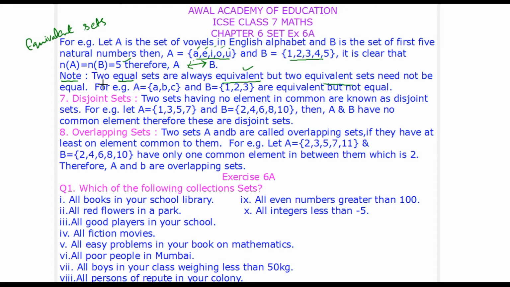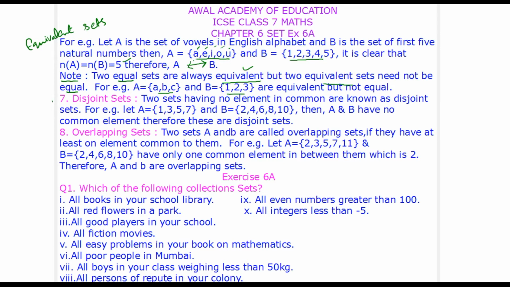The two sets which are equal, that is having the same number of elements, are always equivalent, but two equivalent sets need not be equal. For example, if I write A equal to a, b, c, B equal to 1, 2, 3, these are equivalent sets, but not equal because no element is equal between them, right?